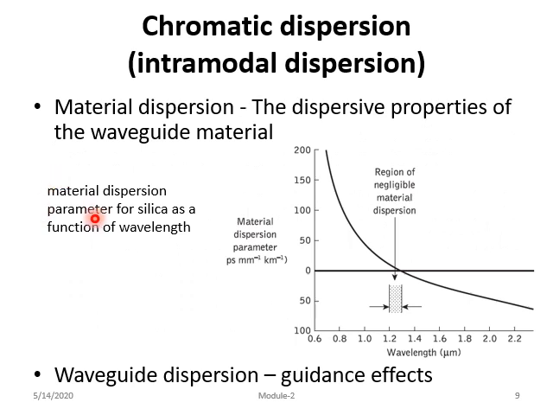First of all, what is chromatic dispersion? How does this dispersion factor appear, and what are the differences with respect to chromatic dispersion? We can majorly classify it into material dispersion and waveguide dispersion. Material dispersion is the dispersive property of the waveguide material. Waveguide dispersion is because of the guidance effect.